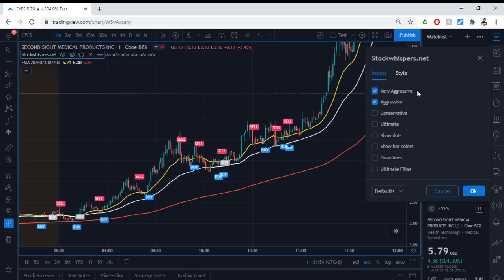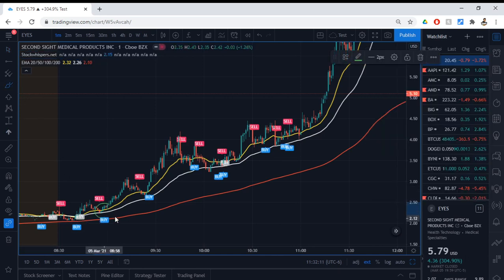So once the aggressive and the very aggressive match, we got this aggressive entry, which is a slower entry than the very aggressive. So we got this buy here. Now we can take this entry here, entry here, entry here, any of these entries, going forward.